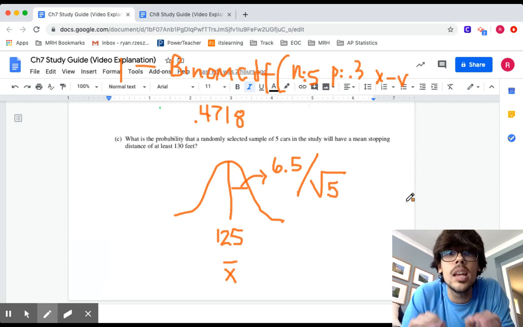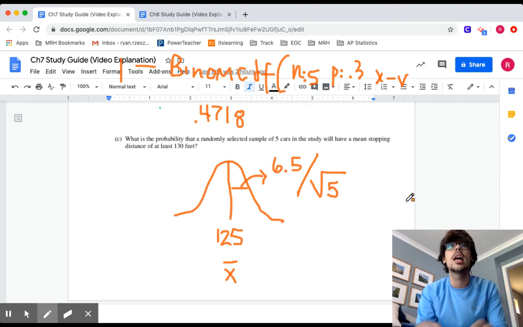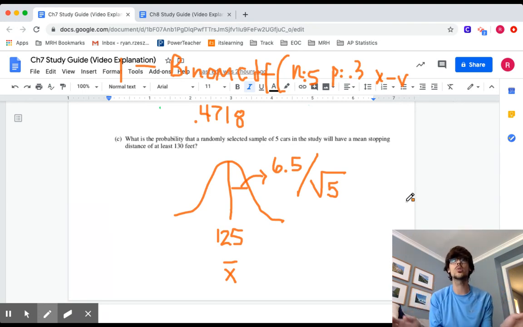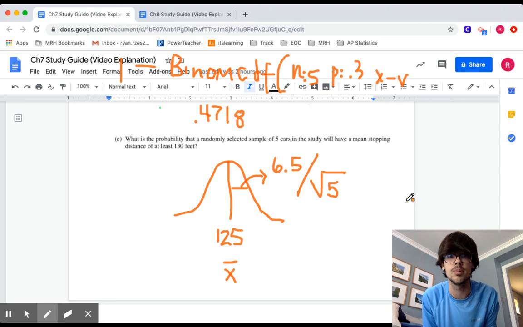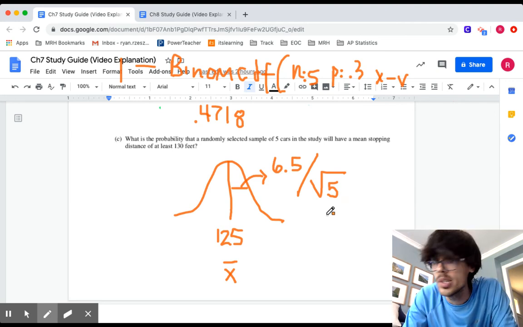Now, with a sample size of 5, we would actually be in trouble. We would not be able to do normal CDF if it didn't say the population was normal. Because the population is normal, we are allowed to figure out that X bar's graph is normal regardless of sample size. So for this problem, we would be able to do our normal CDF.